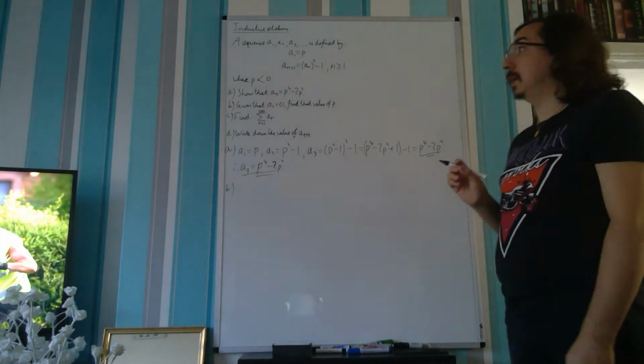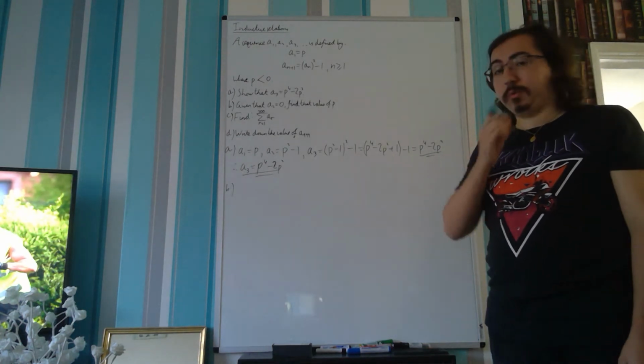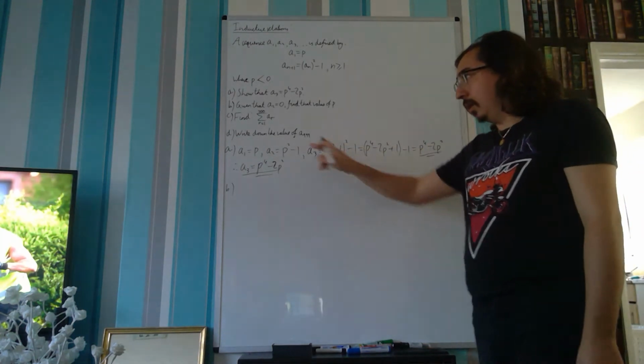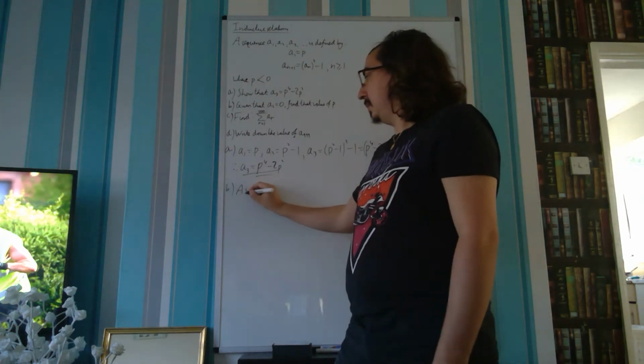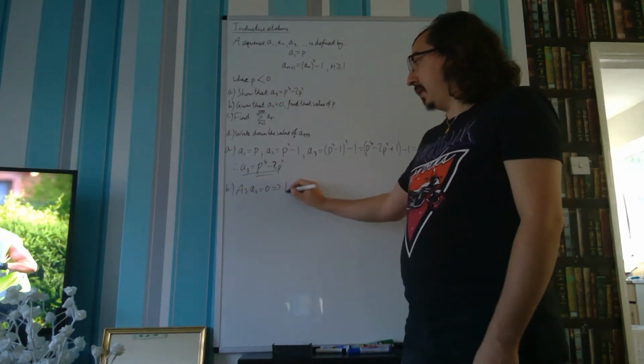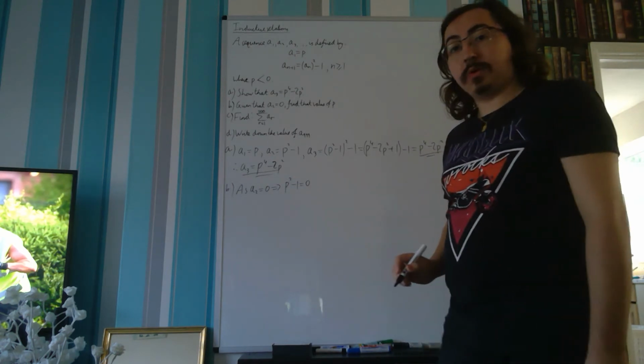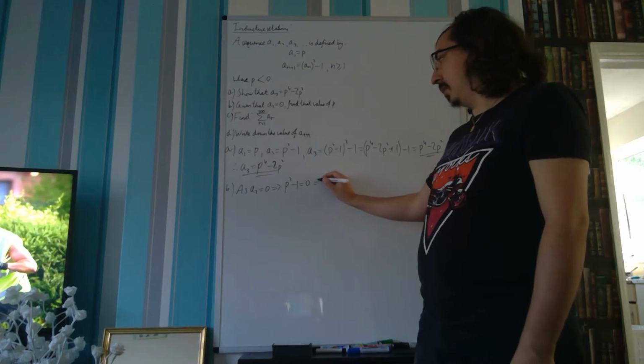Part B says given that a2 is equal to 0, we need to find the value of p. So as a2 is equal to 0, that implies our expression for a2, which is p squared minus 1, is equal to 0.